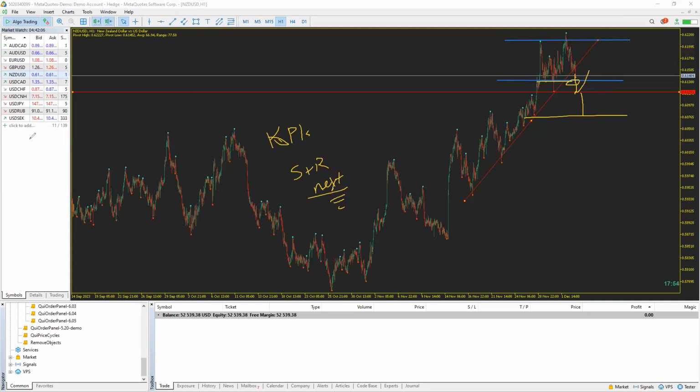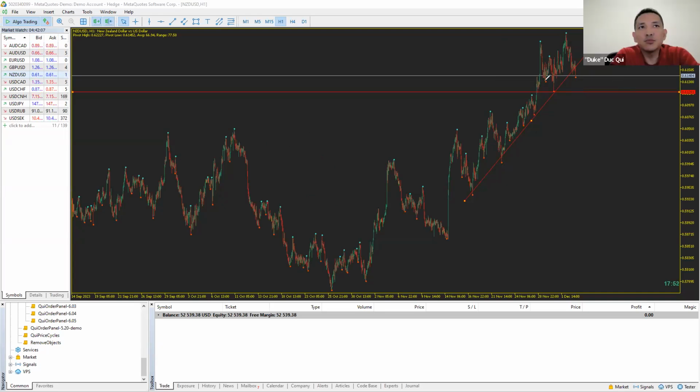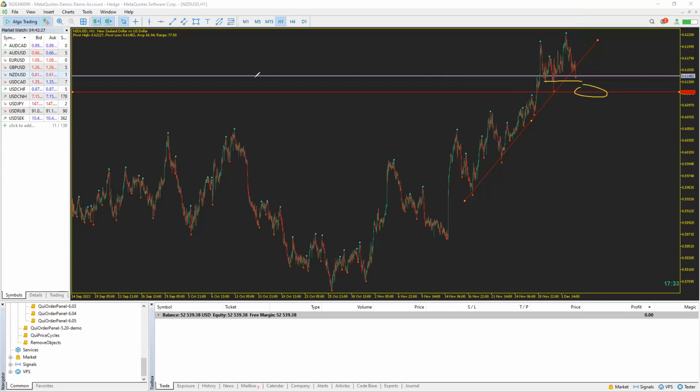Does it make sense? Yeah. So this is your bounce point. This is where you say, hey, danger, danger. But your real next one is this one. You've got to think a little bit more extreme as far as KPIs. Okay, making sense?